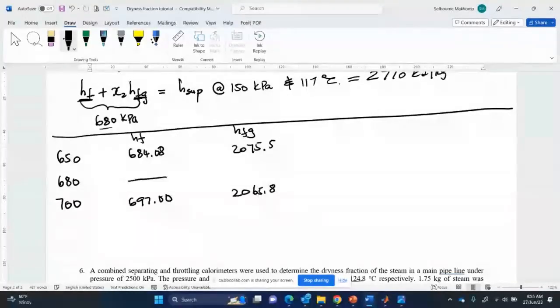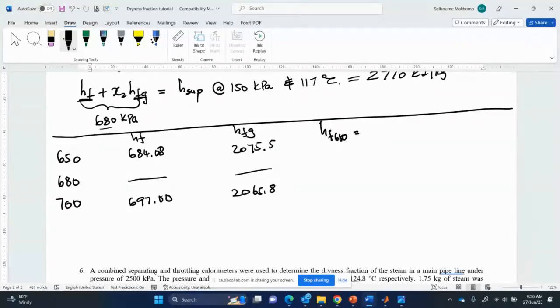So our HF at 680 is going to be between 697 and 684. If it's not in between, it means that your HF is wrong or your method of interpolation is wrong. Similarly, HFG is going to be between 2075 and 2065. Otherwise, the method we used is wrong. So I'm using my own method, where I say that HF is 680.